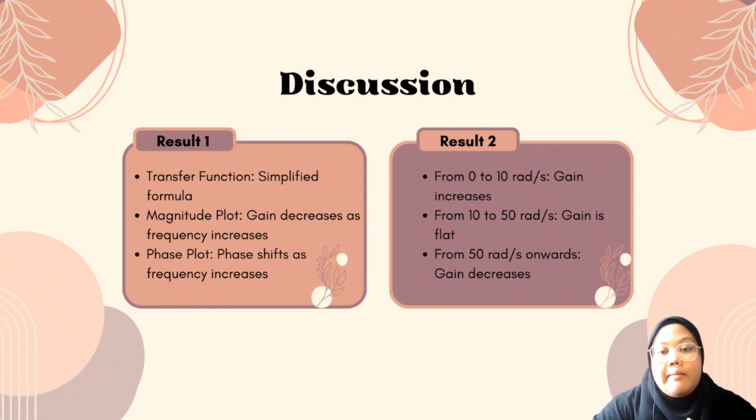For the second part, the Bode plot shows that our system's gain increases until 10 radians per second and remains constant until 50 radians per second. And lastly, it decreases due to a zero at the origin and poles at 10 and 50 radians per second. That's all for me, and I will pass to the next person.